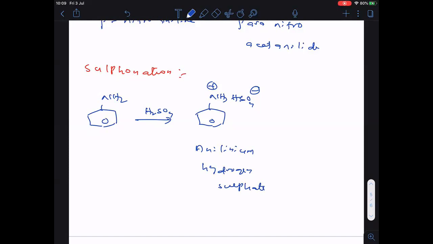Completed, everyone. This anilinium hydrogen sulfate on heating undergoes rearrangement, like this.